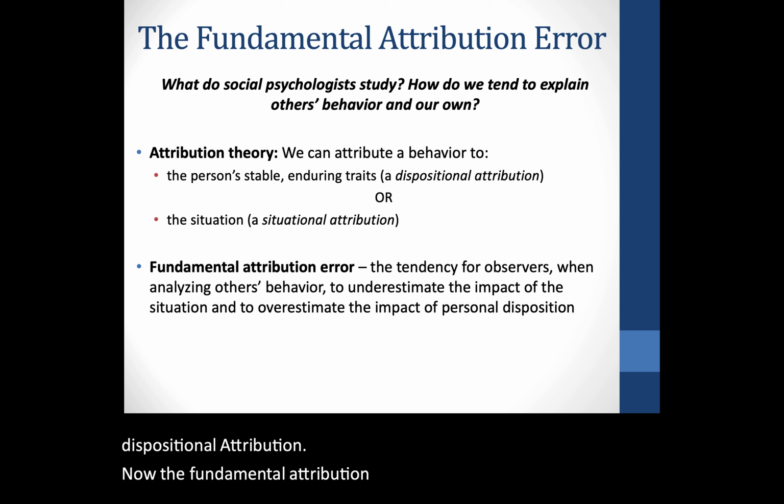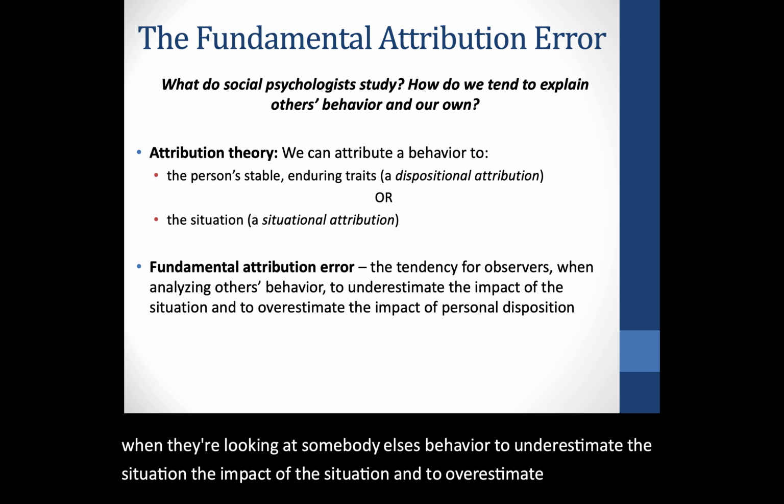Now, the fundamental attribution error. This is a tendency for observers when they're looking at somebody else's behavior to underestimate the impact of the situation, and to overestimate the impact of their personal disposition. Okay, we're going to see this doesn't hold true for when you're talking about yourself. This is really for when you're looking at other people and you're looking at their behavior and you're trying to explain why they would do that.